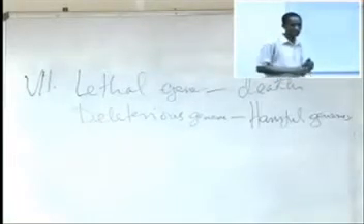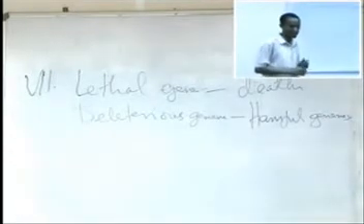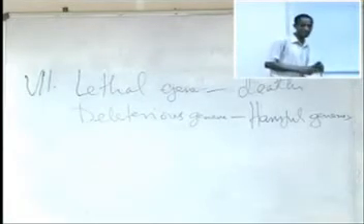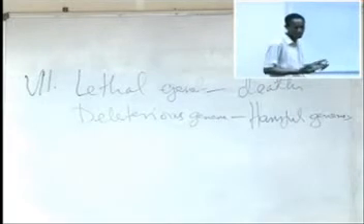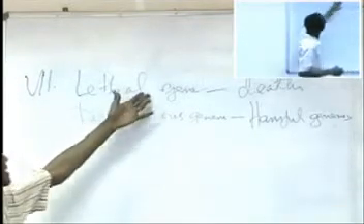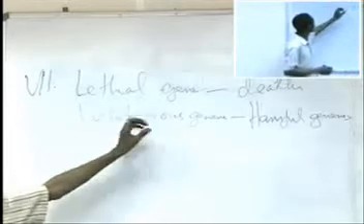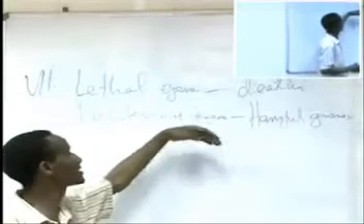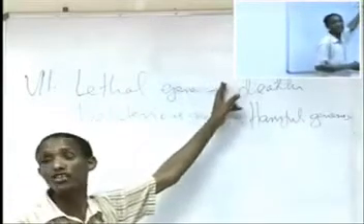So a gene whose expression results in death, we call a lethal gene. And a gene whose presence causes harm or damage and decreases the fitness of individuals is called a deleterious gene. A lethal gene may sometimes be deleterious, but a deleterious gene may not be lethal.